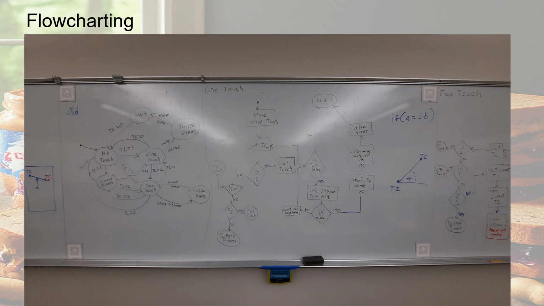This is a lecture I did on trying to determine the state on an Android device as to whether or not we currently are detecting no touches, one touch, or two touches on the screen, which is a fairly complex thing. We have to query the hardware and do a bunch of checks and detections and things like that. It's a much more complex scenario.